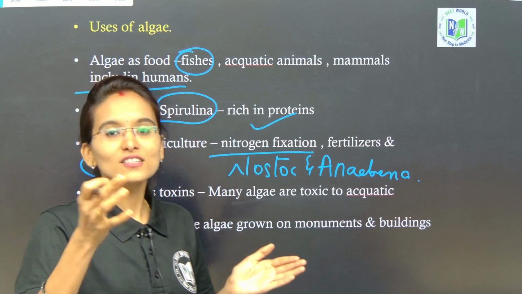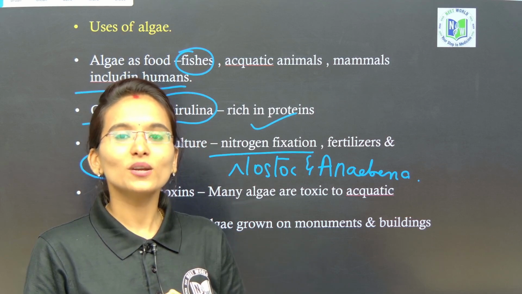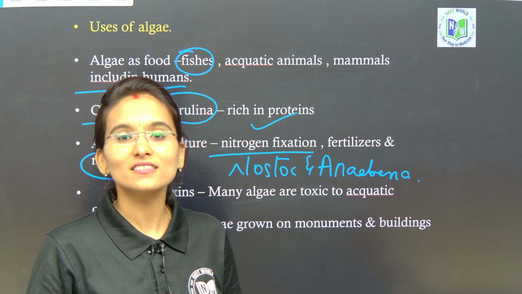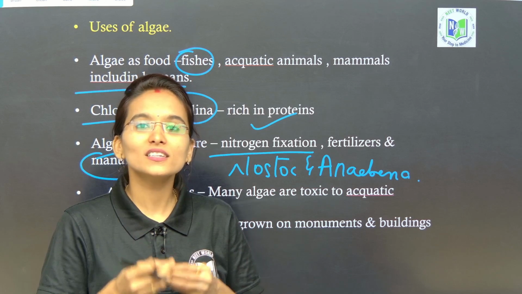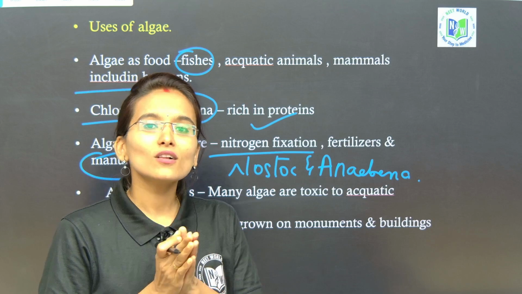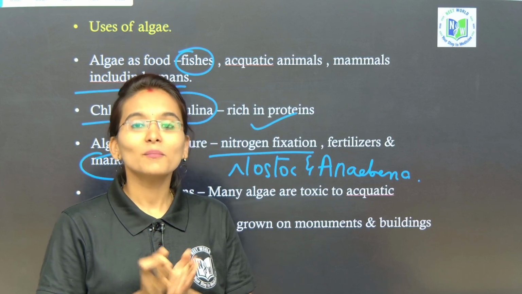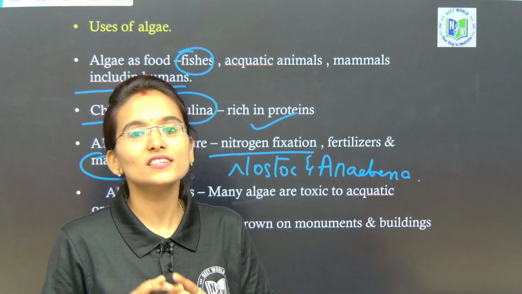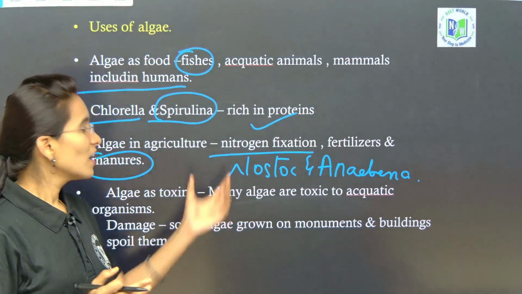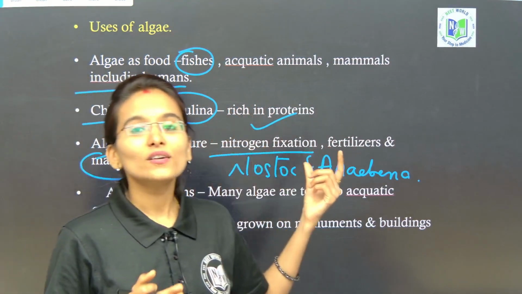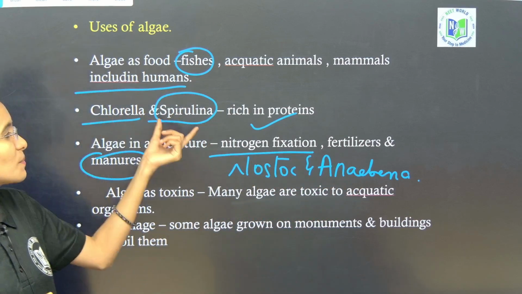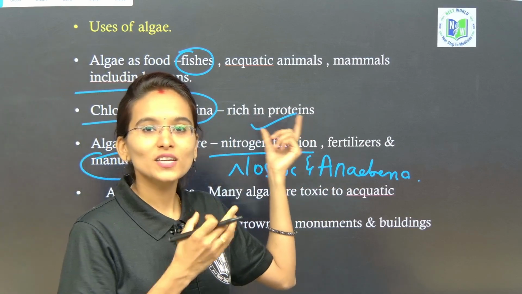They belong to the fungi only, but all fungi are not edible. For example, yeast we can use in bakery products, so it is a fungus which we can eat, but some fungi are very poisonous. Similarly, all algae are not consumed by human beings. Chlorella and Spirulina are rich in proteins, hence we can consume them.